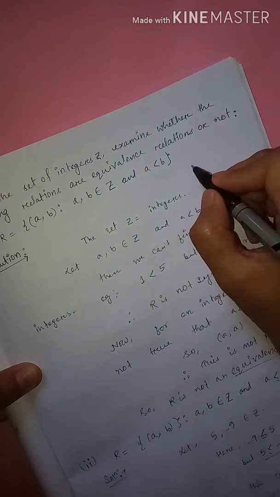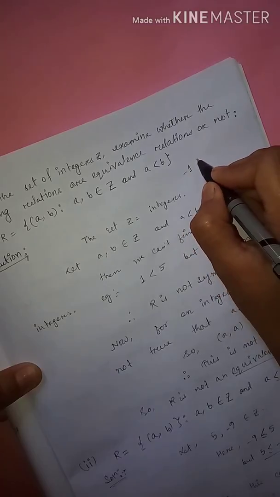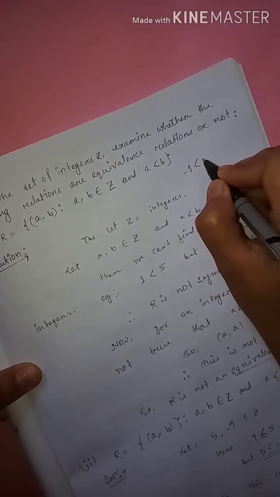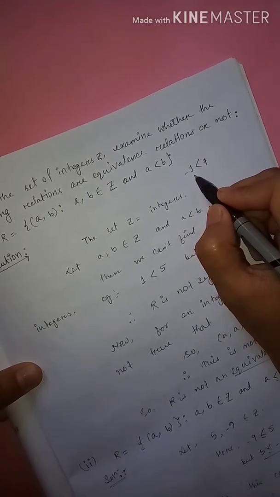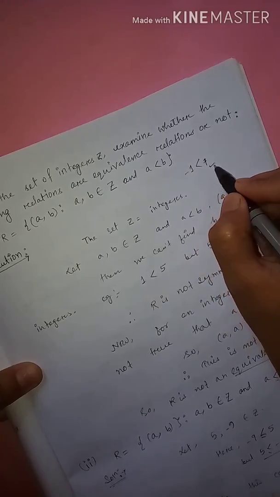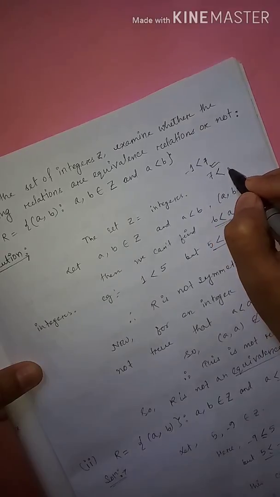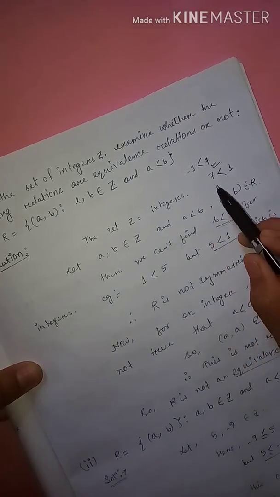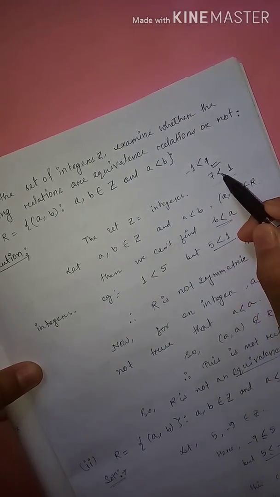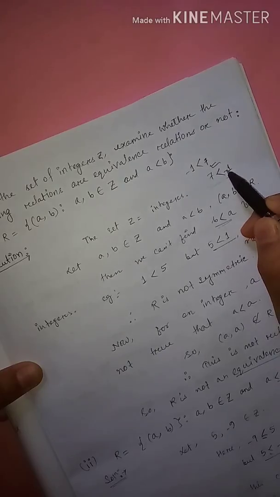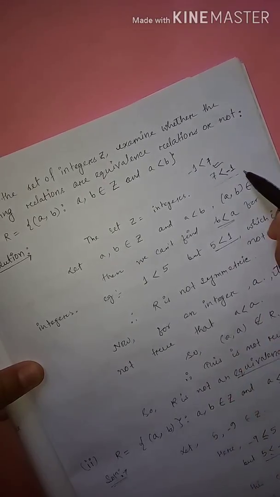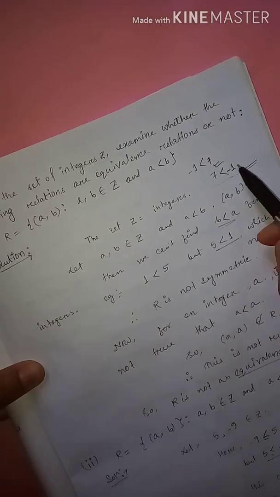Suppose I say minus 1 is less than 7. Minus 1 is less than 7, right? But is it true to write 7 less than minus 1? No, definitely not.